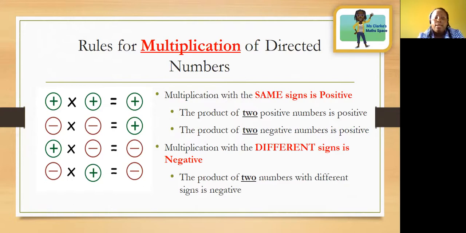And similarly, negative 4 multiplied by positive 5, a negative by a positive would be a negative, and 4 by 5 is 20, so you're going to get negative 20 as your result.